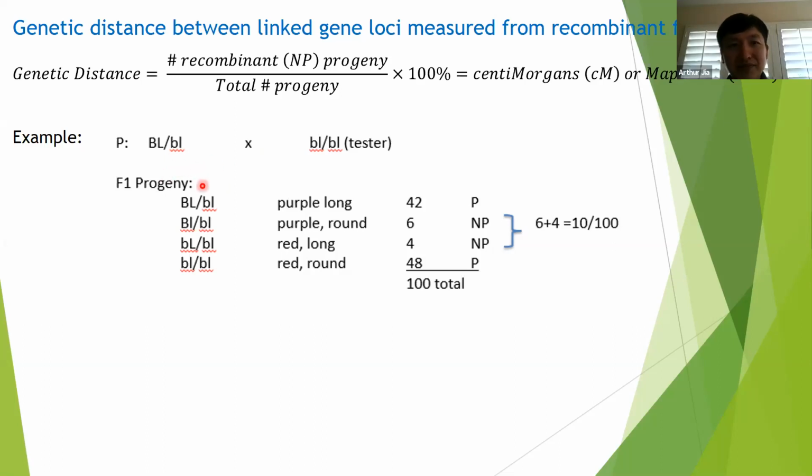Following the diagram I showed in the previous slides, we can do this kind of experiment, right? We can generate a dihybrid parent, the double heterozygote, and we test cross this parent using the tester, the double recessive, and this is what we can get from the progeny.